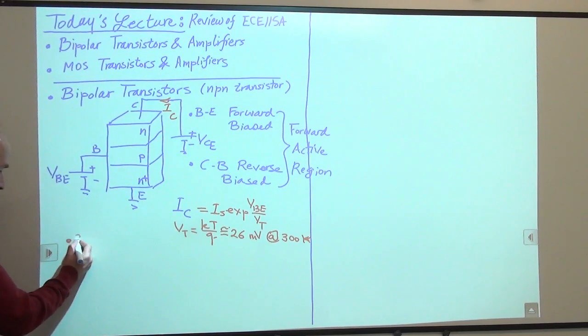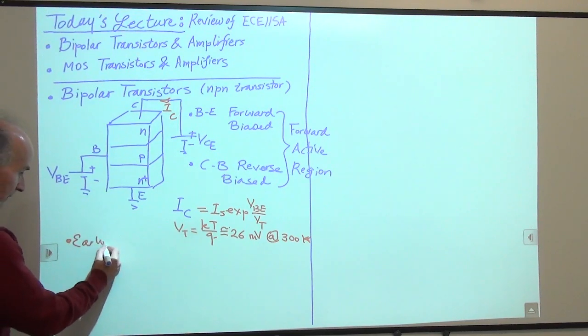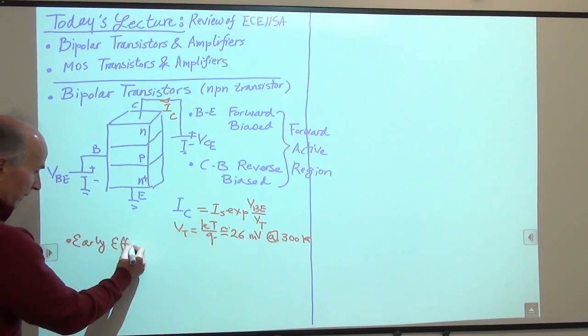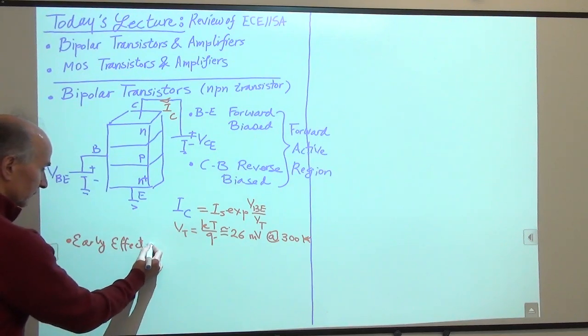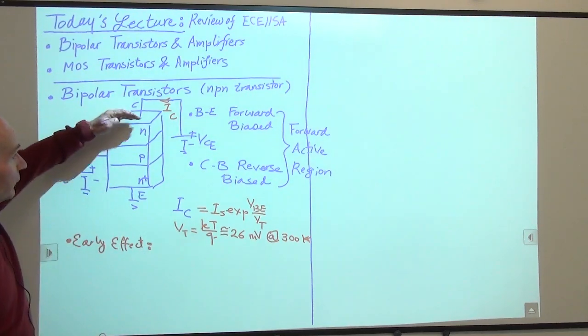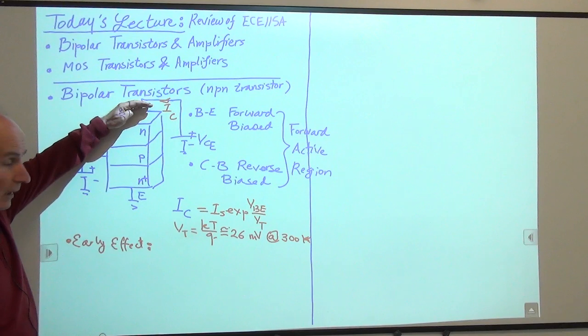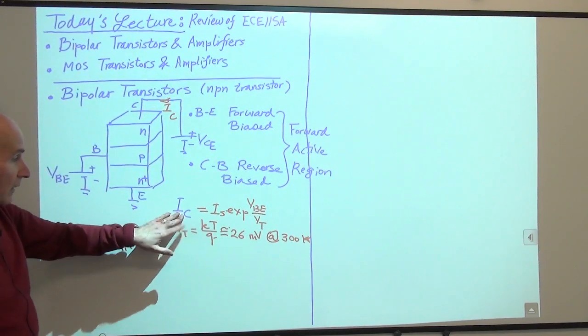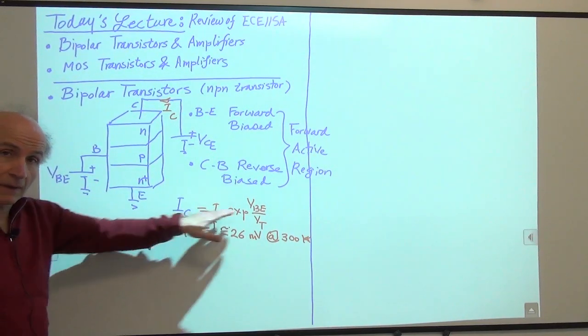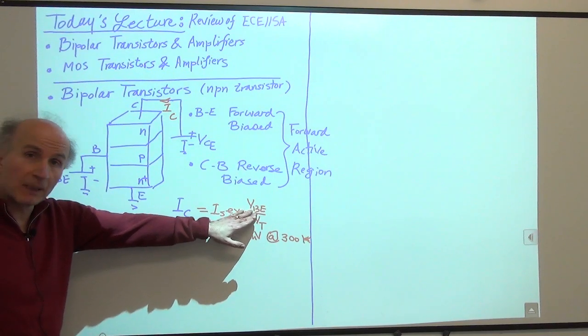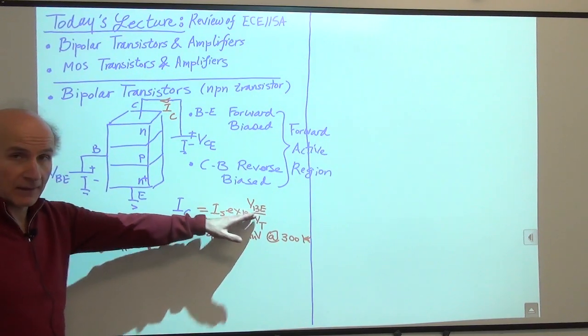So the early effect arises because if we change the collector voltage, this equation says the collector current should not change because there's no VCE or VCB in this equation. But in reality, that's not true.